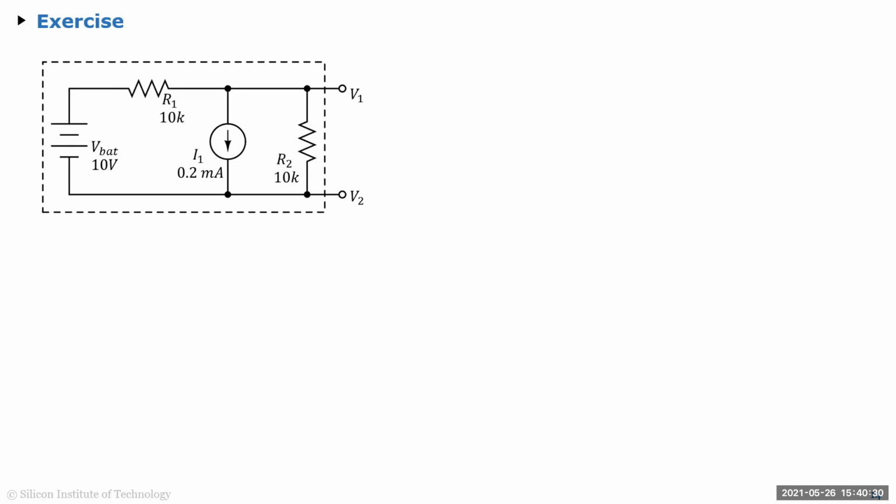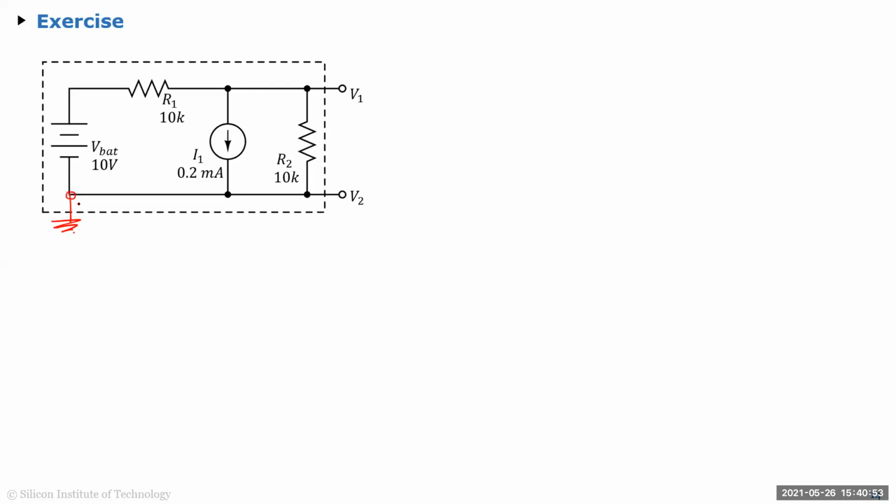Okay, so looks like everyone's saying V1 minus V2 is 4 volts. Okay, let's check. All right, so what was the first step? Pick a reference node, and what is a good reference node to pick here? Actually, V2 is the good reference node to pick here, right?